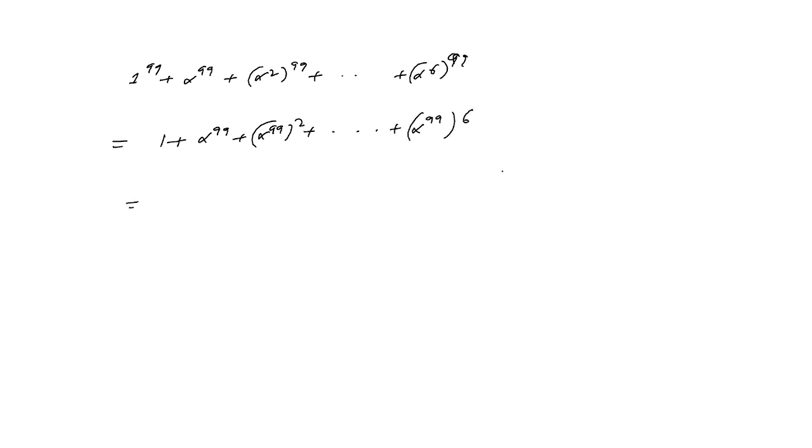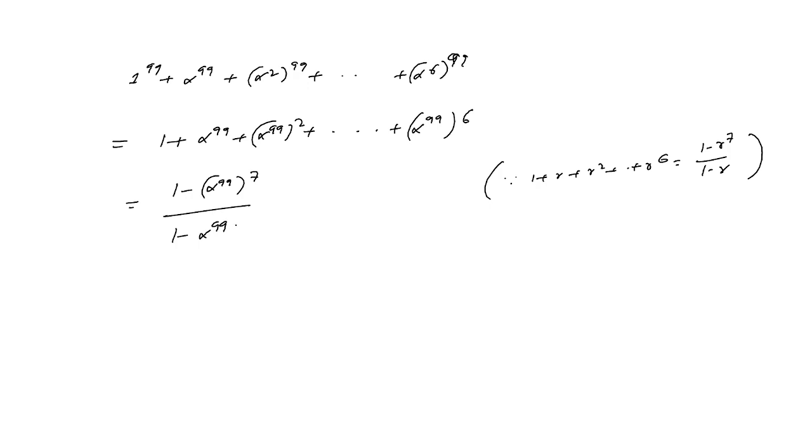Just think about the geometric progression, 1 plus r plus r square up to r to the power 6, that will be 1 minus r to the power 7 by 1 minus r. We already learned this in geometric progression. So this will be 1 minus alpha to the power 99 whole to the power 7 by 1 minus alpha to the power 99.